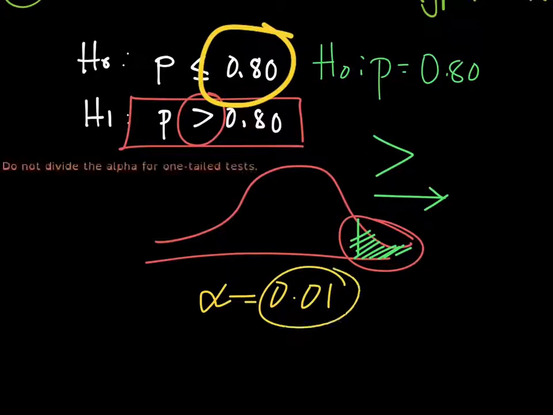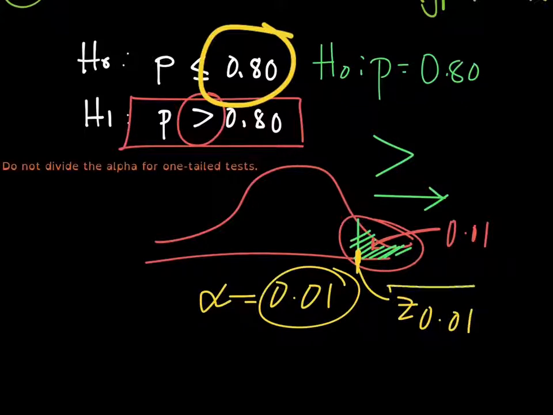So the 0.01 will be that whole area that we see on the right. Later on, we will be noting this boundary, which is z of 0.01, a number that we will show in another step.